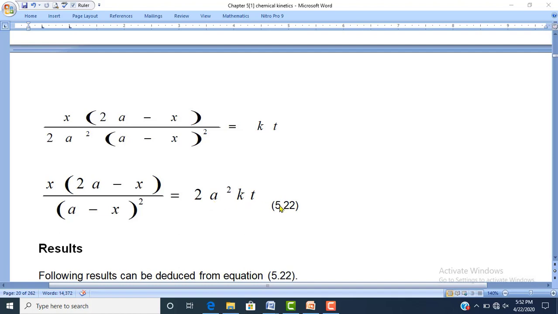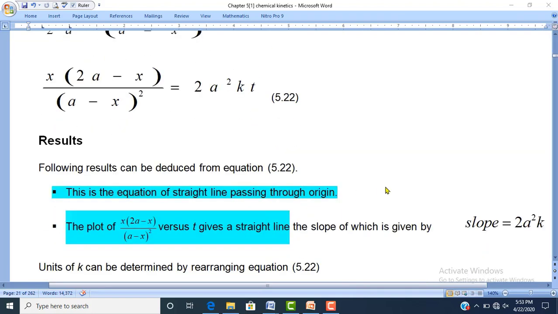So we got equation 5.22, and according to 5.22, the equation will be x into 2a minus x divided by a minus x square is equal to 2a square into kt. Dear students, from this equation 5.22, we can obtain the following results.